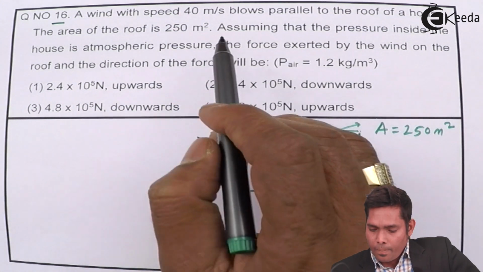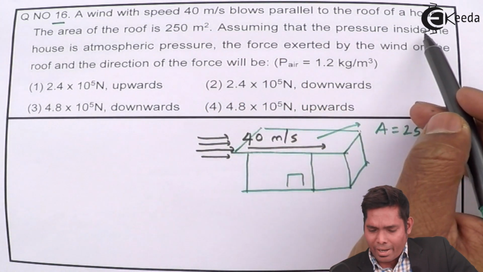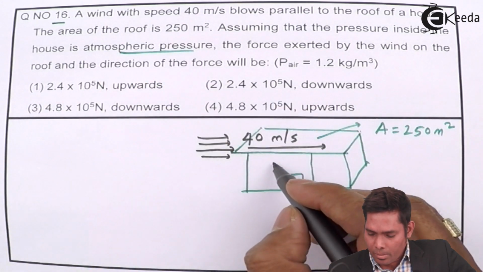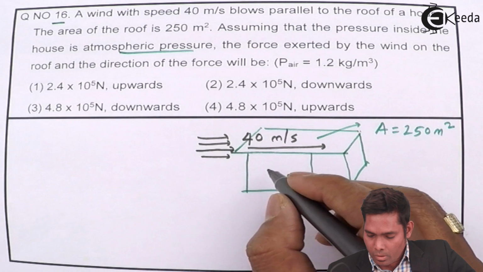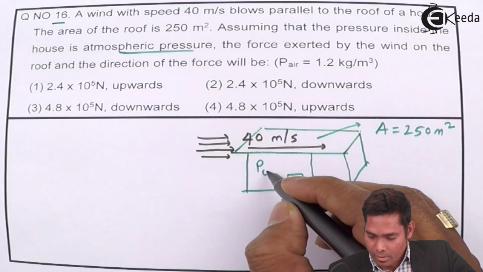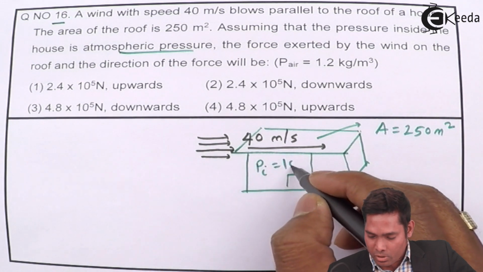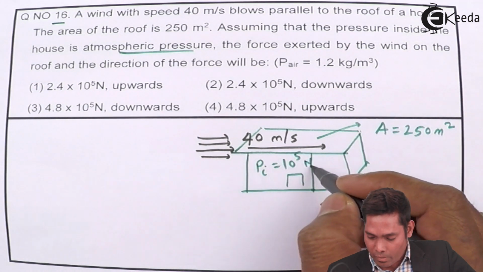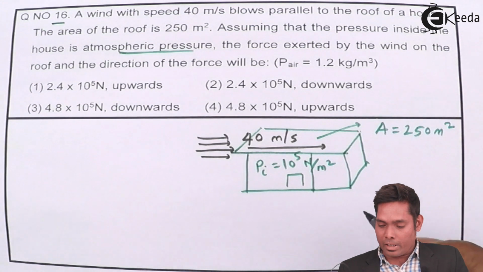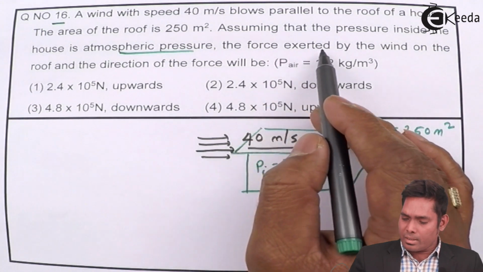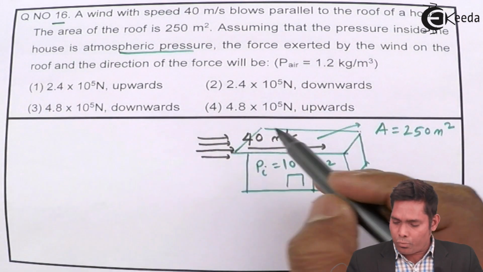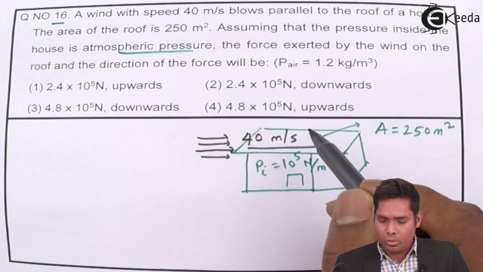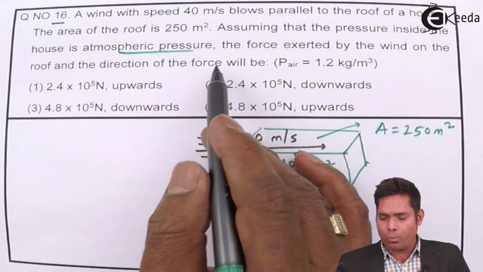Now assuming that the pressure inside the house is 1 atmospheric pressure, that is, pressure inside is 1 atm, that is 10⁵ Newton per meter square. The force exerted by the wind on the roof, how much force will the wind exert on the roof, and what will be the direction of the force?